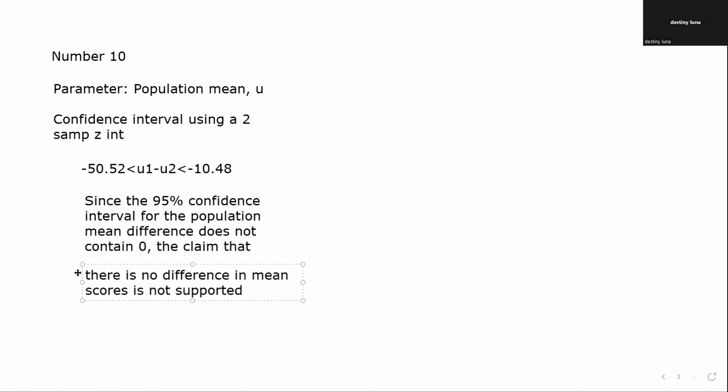It doesn't support it. If 0 were in the interval, then we could say that, but it is not in there, so we don't support that.